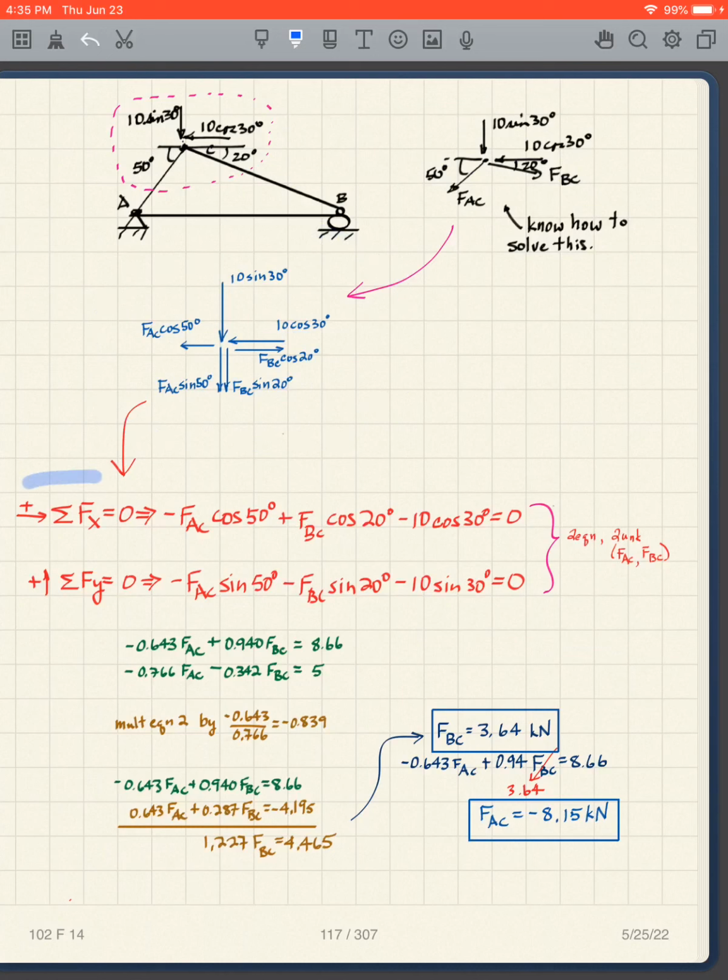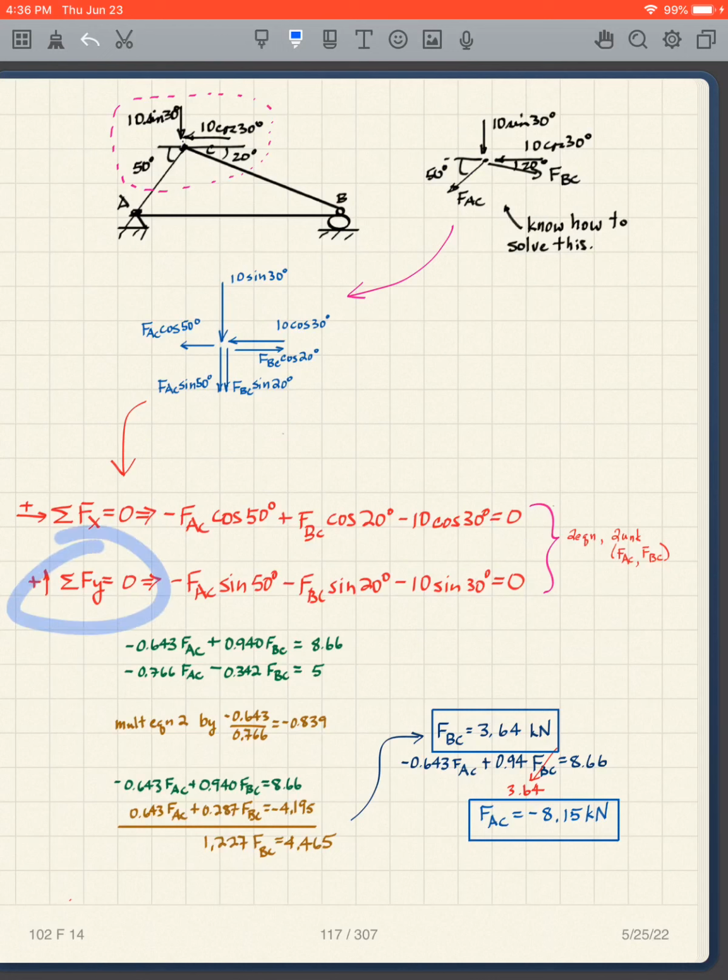I then take the sum of the forces in the x direction equals 0, and so I use all the x ones. There they are. Pay attention to the arrows. If the arrows go to the left, they're negative. If it goes to the right, it's positive. So I'm not going to dwell on this. You can read it. You just put it into the equation. It's equal to 0.